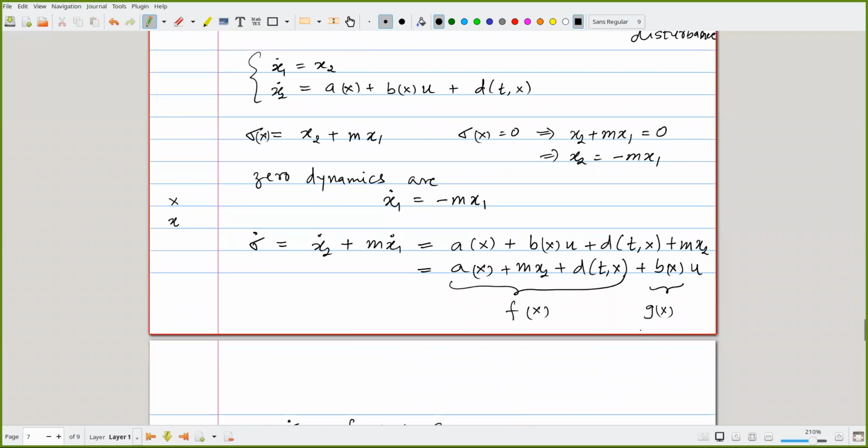So this is your second order example, which fits into this category. And here we have this d of x coming into the state equation where the input is acting.